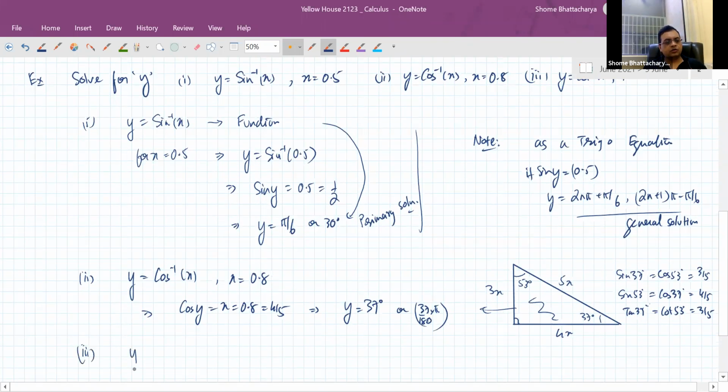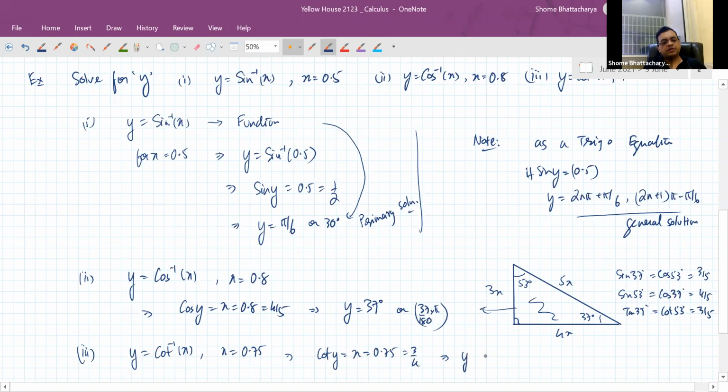And the third part, in fact, also comes from that same triangle: cot inverse of x. If we take x as 0.75, that means cot y is equal to x. It's 0.75, which is the same thing as 3 by 4.